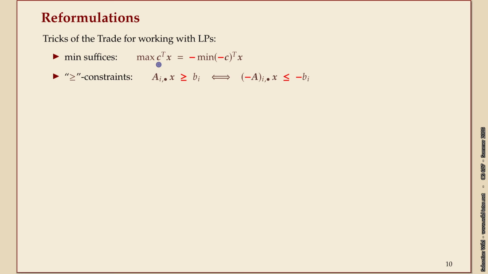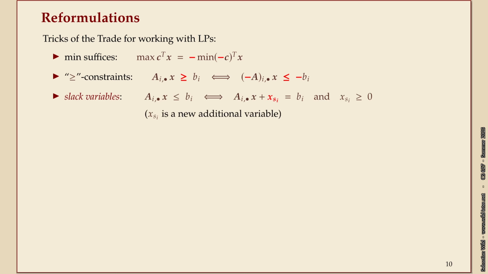Or if you want to maximize revenue, you minimize loss. If you have greater equal constraints, you just multiply them with -1 and they turn into a lesser equal constraint. That's also like I'm not going to say elementary school, but high school at best. There's a few more tricky tricks.